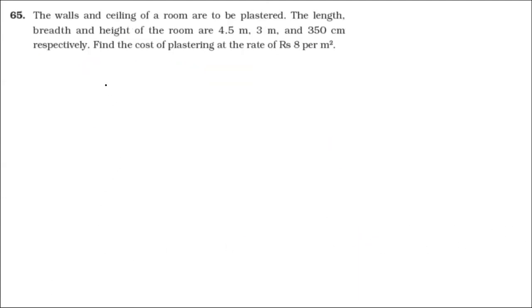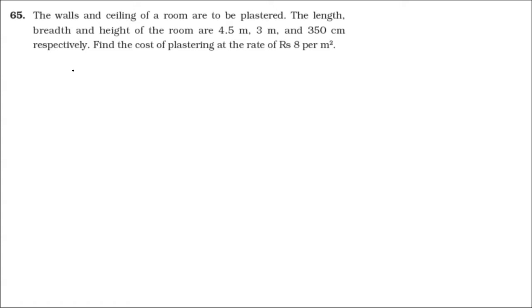Question number 65. The walls and ceiling of a room are to be plastered. The length, breadth and the height of the room are 4.5 meters, 3 meters, 350 centimeters respectively. Find the cost of plastering at the rate of rupees 8 per meter square.